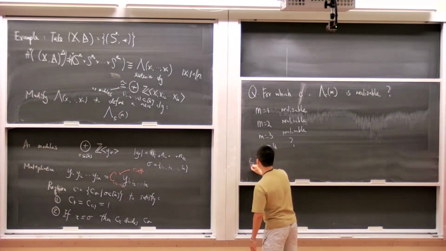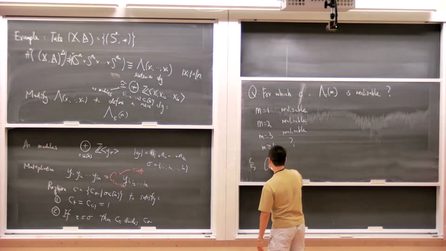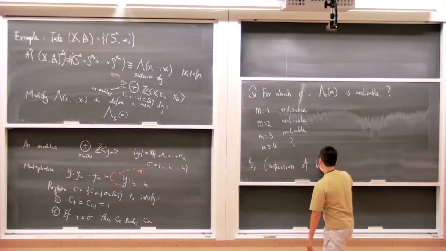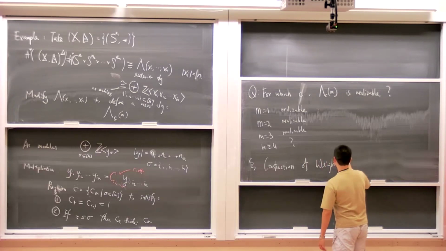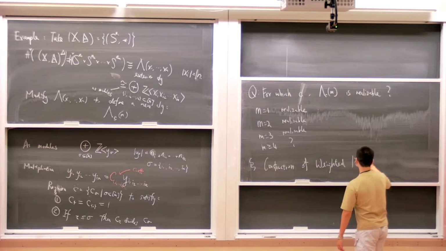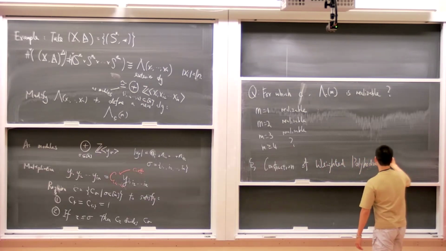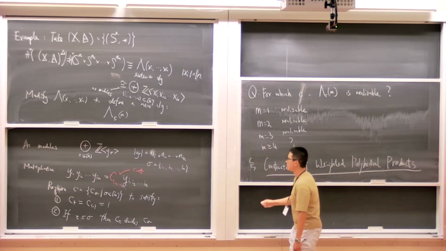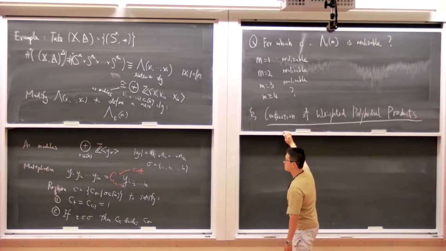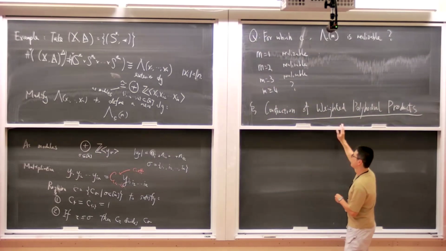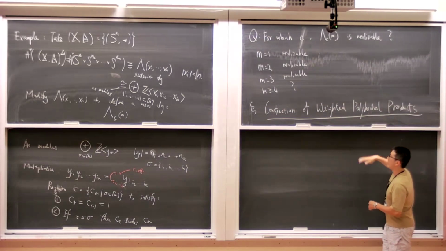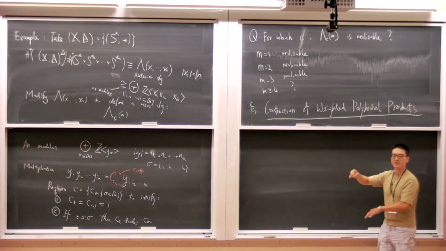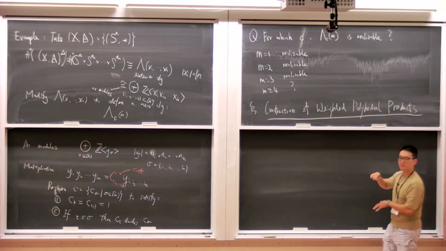Okay, the next one is now I talk about the constructions of the weighted polyhedral products. So the slogan is that when we construct the weighted polyhedral products, we try to do it inductively by adding cells together.